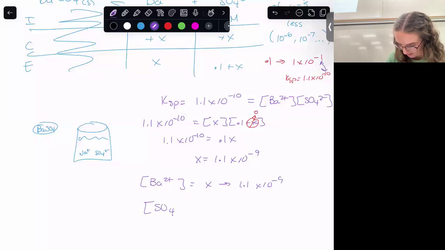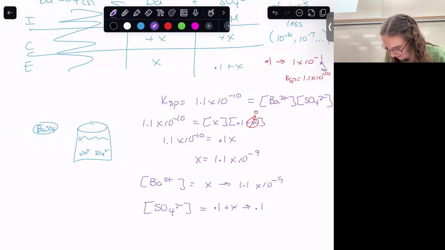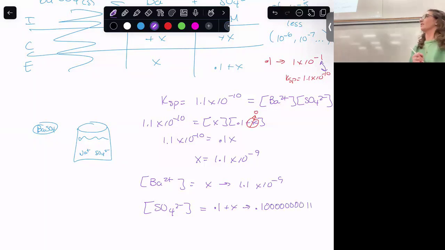And the sulfate ion is 0.1 plus x, which is 0.1, and then 1, 2, 3, 4, 5, 6, 7, 8, 9. Right, something like, I think it's that many zeros. But either way, a lot of zeros before you see that one. So if we were to round that, what would you round it to? You would round it to 0.1.